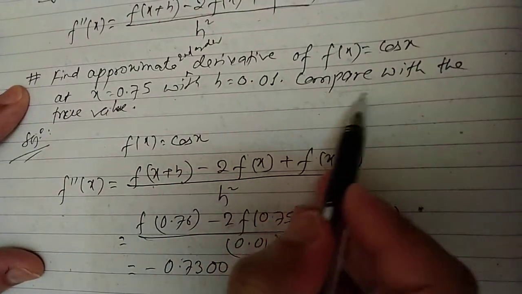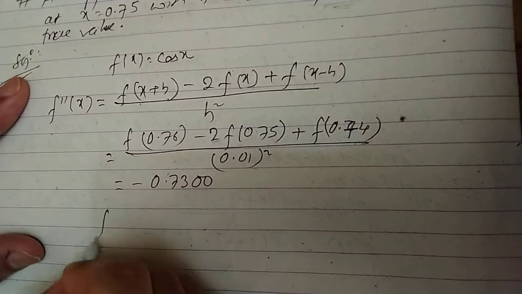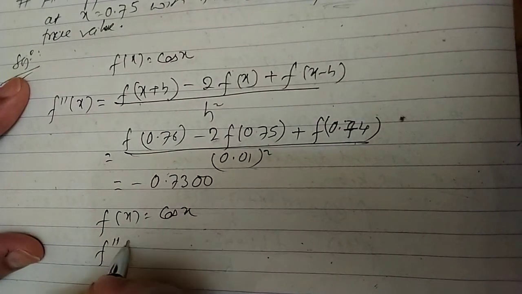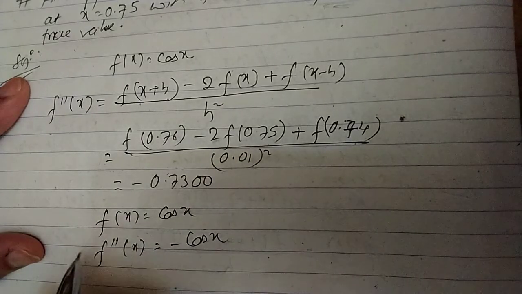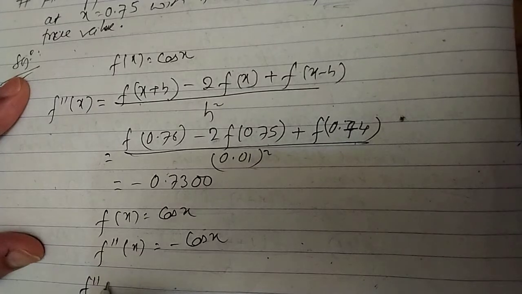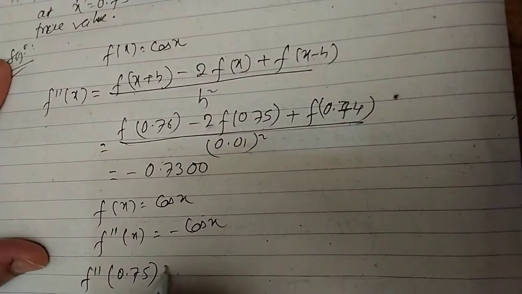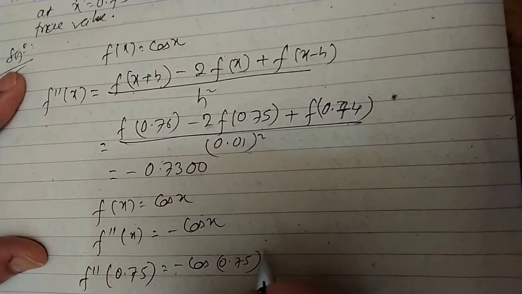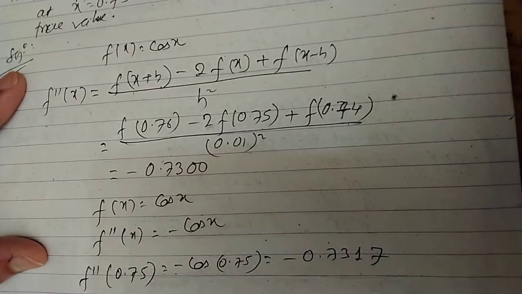You need to compare with the true value as well, meaning calculate the error. We have f of x equals cos x, the second order derivative of f of x equals minus cos x. The second order derivative at 0.75 will be equal to minus cos at 0.75. Okay, so that will be equal to minus 0.7317.